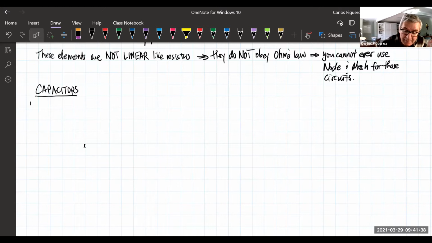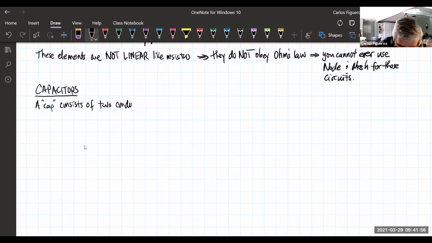Okay, a capacitor, it's common to call it a cap. A cap consists of two conductors closely separated.